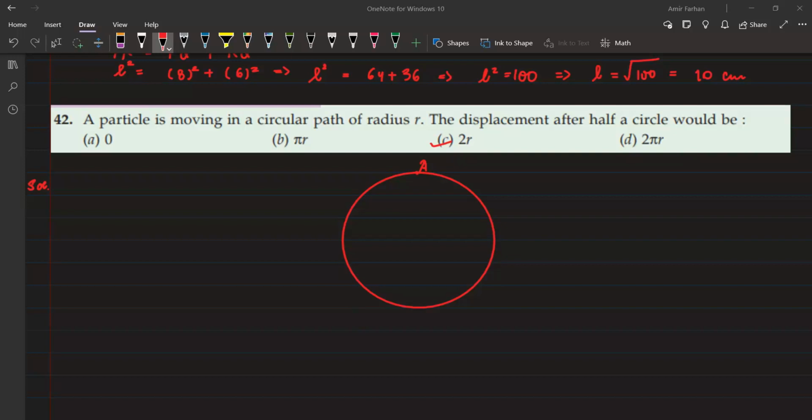I'm saying you have covered one complete circle. What will be the distance covered in one complete circle?